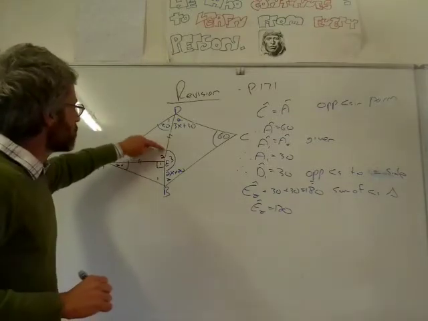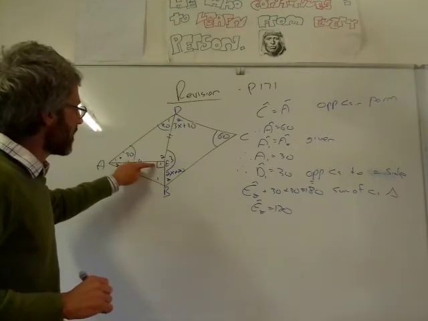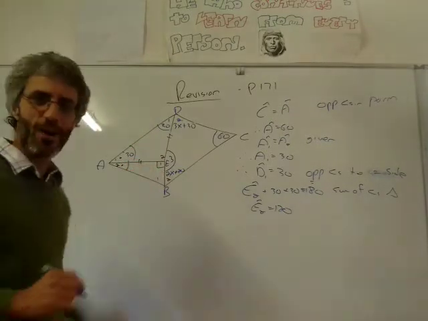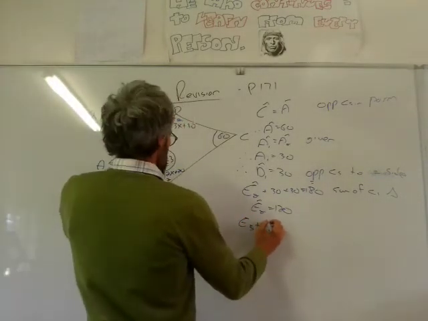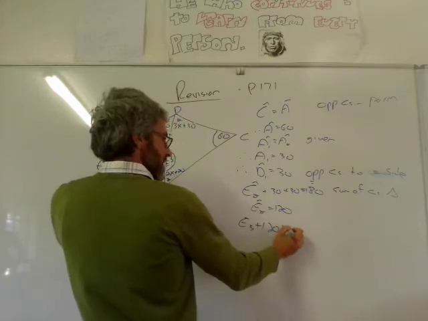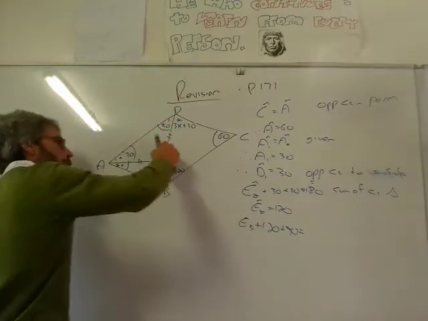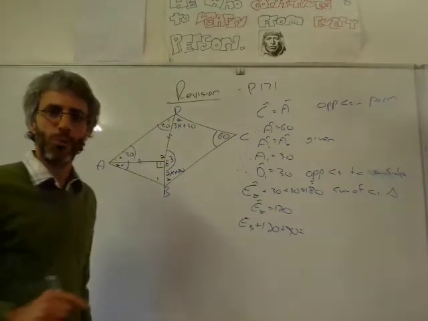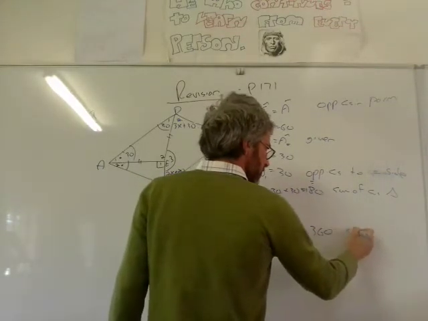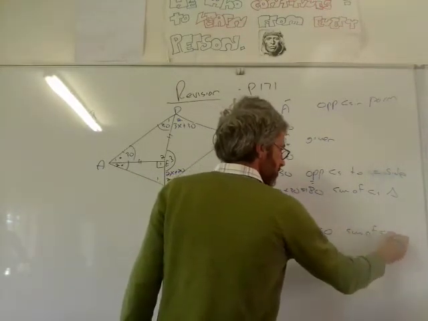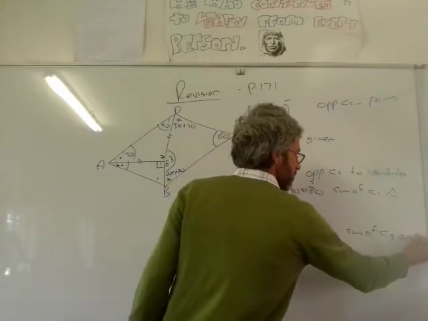Now, if I know E2 is 120, and I know E1 is 90, now I can figure out E3. So E3 plus 120 plus 90. What is the sum of angles around a point? Correct, 360. So sum of angles around a point.